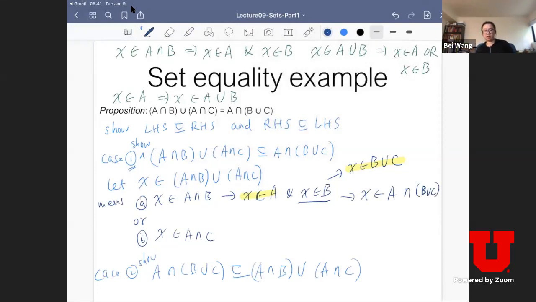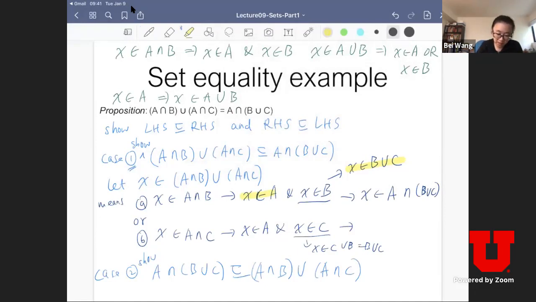Okay, and then case B is the same thing. X is in A intersect C, that means X is in A and X is in C. Because X is in A and X is in C implies X is in C union B, which is equal to B union C. Again, because X is both in A and B union C, it's in their intersection.